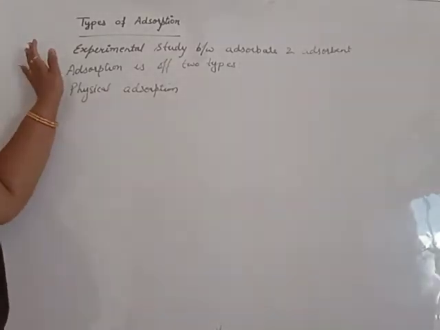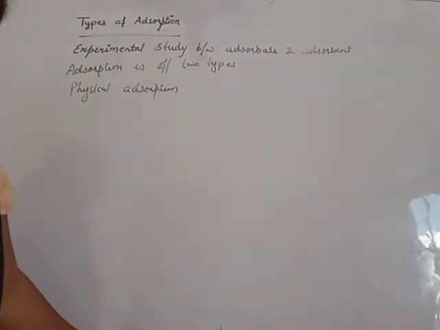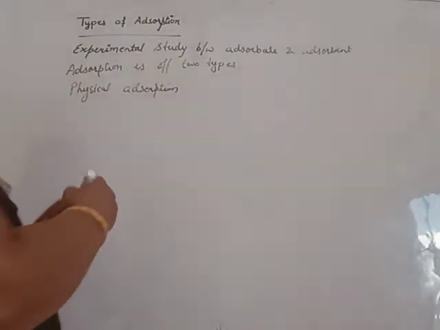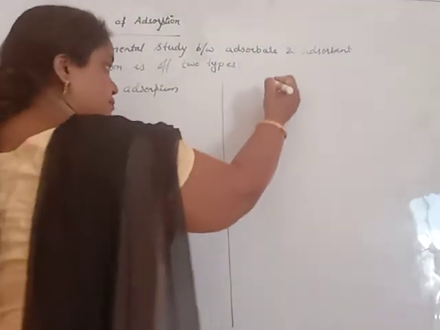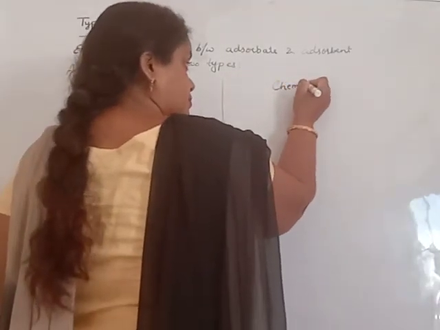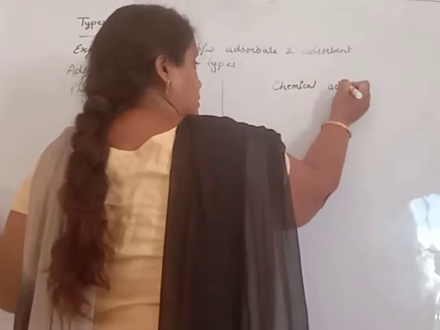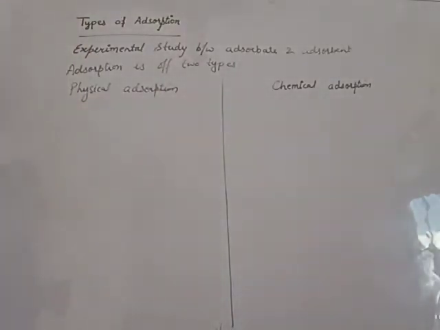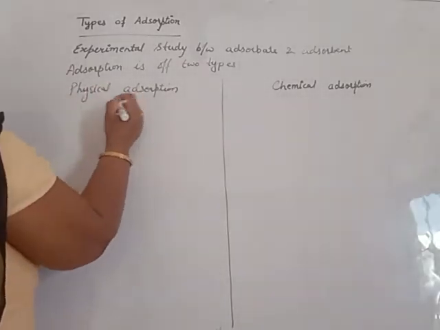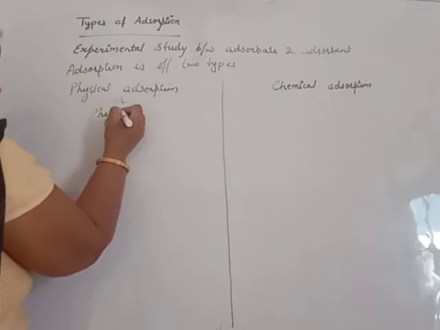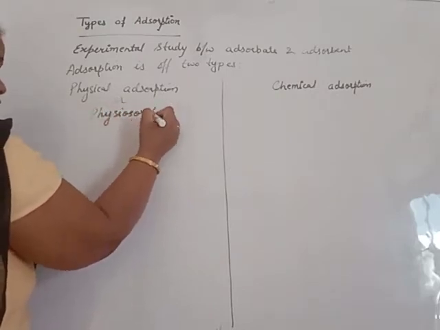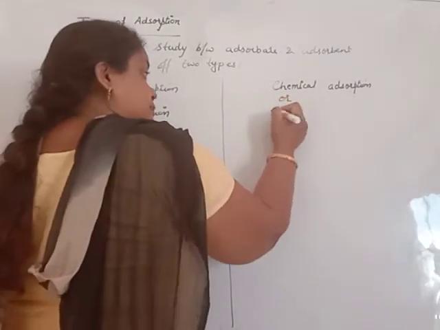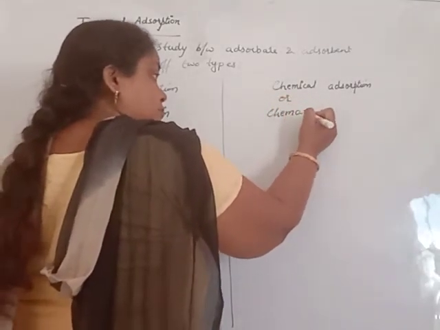Beta, we study physical adsorption and chemical adsorption in the form of difference between physical adsorption and chemical adsorption. Physical adsorption is also known as physiosorption, and chemical adsorption is also known as chemisorption.